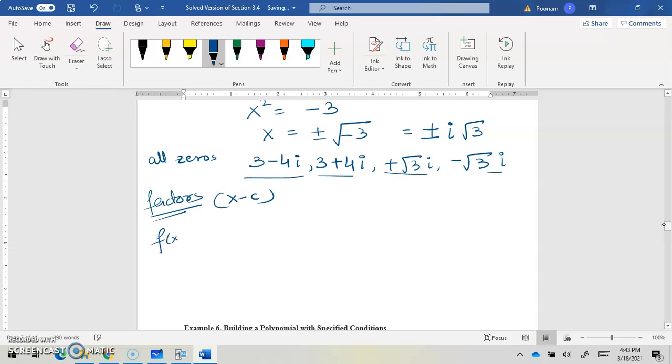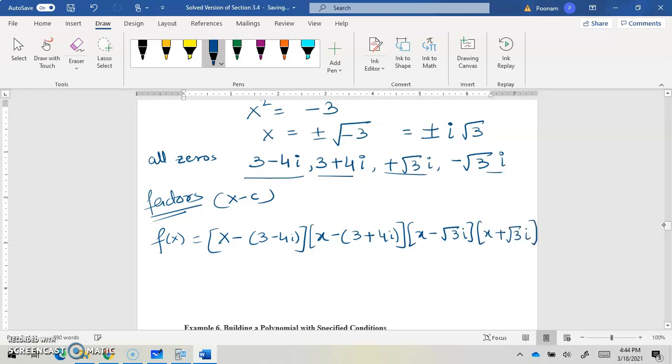So that means f of x is equal to x minus 3 minus 4 iota, x minus 3 plus 4 iota, x minus root 3 iota, x minus minus, so that will be plus root 3 iota. And solving the function equation, this will just give you all these roots.